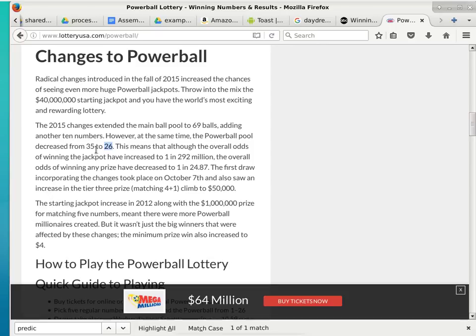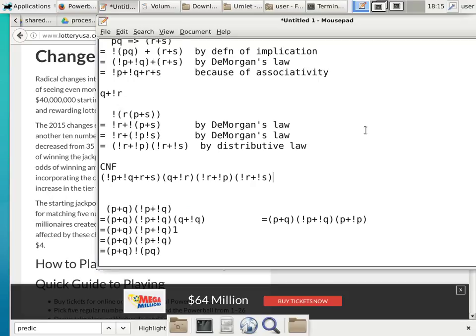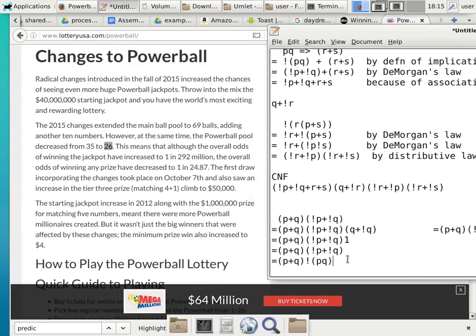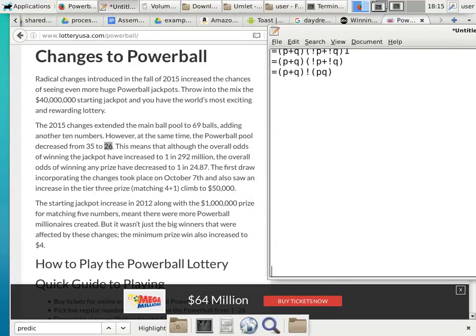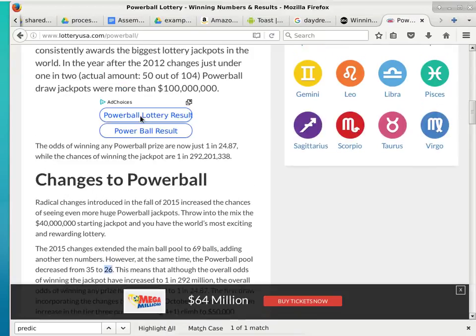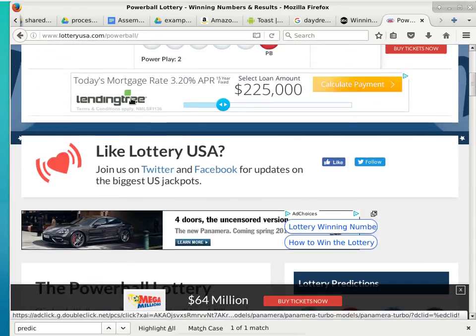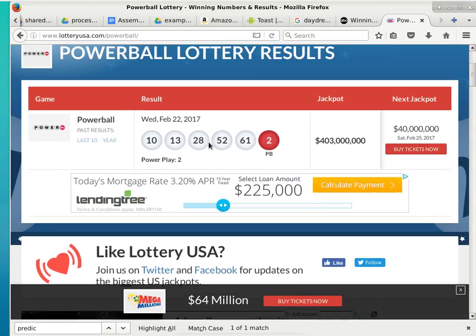Okay. All right. So let me just restate the game as I understand the rules. Let's scroll this stuff out of the screen. So the Powerball Lotto is based on 5 numbers, if I remember correctly. 1, 2, 3, 4, 5. Yep.